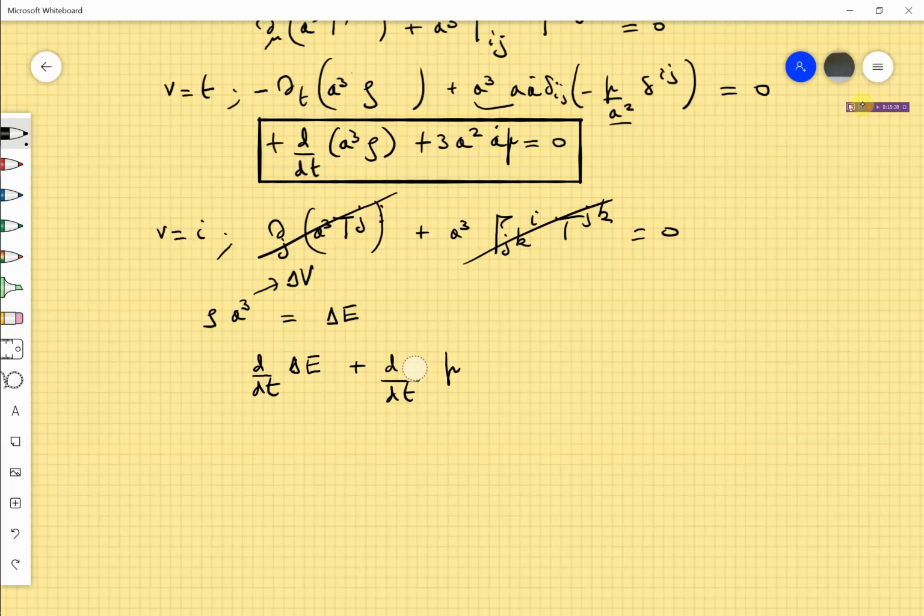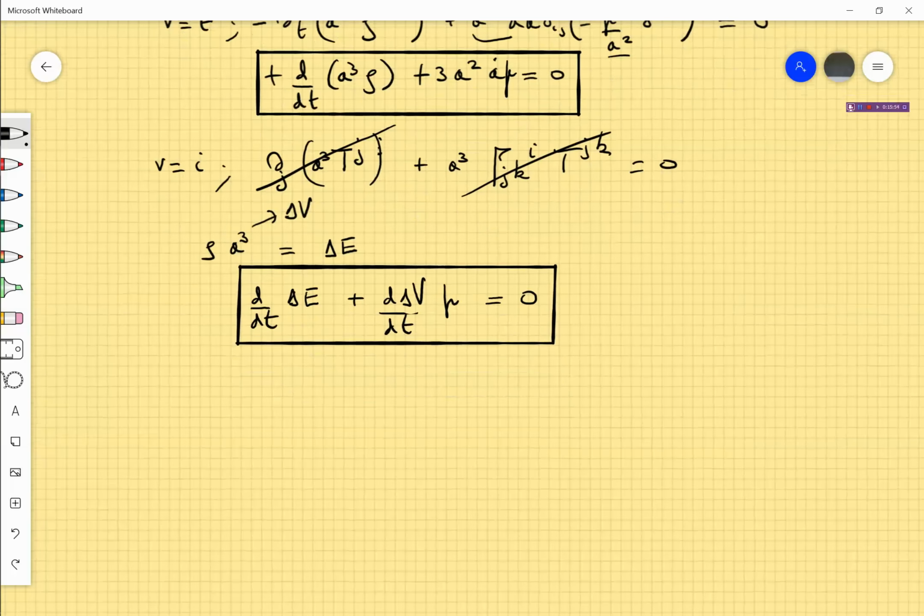This is just the derivative of delta V equal to p. And this is just an expression of the first law of thermodynamics, for an adiabatic process, how the energy changes with time. This is the only thing that changes. The changes are changes with time here, so the energy can only change with time, and the volume only changes with time, and the change in the energy is proportional to the variation of the volume times the pressure.